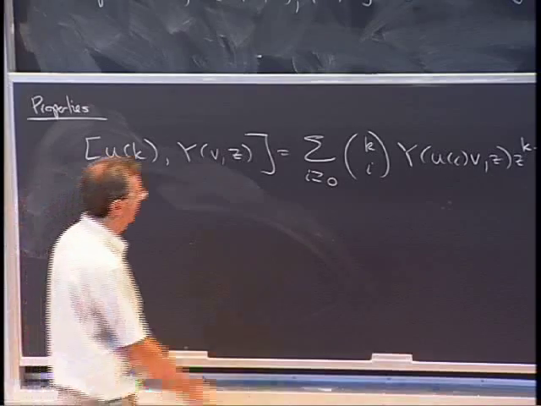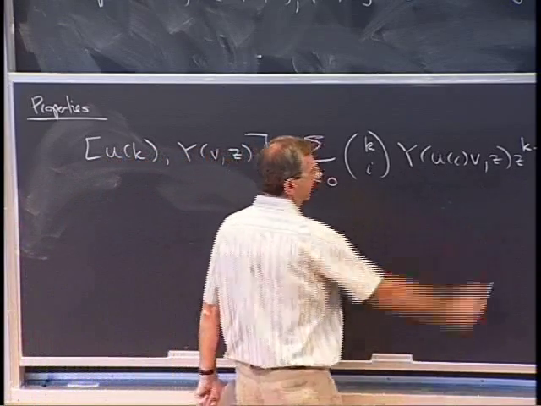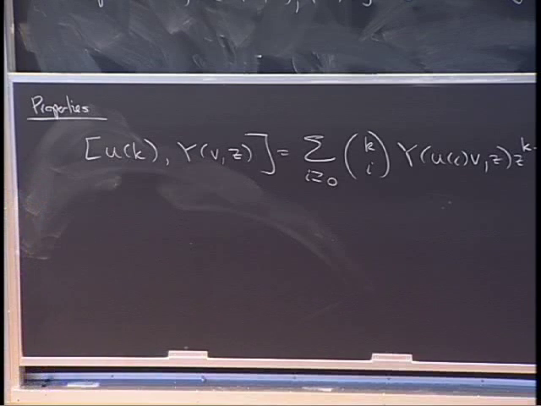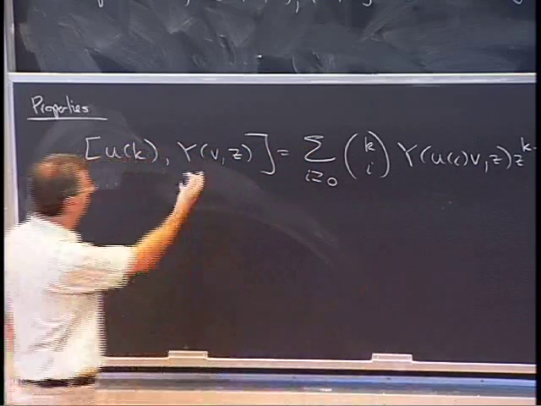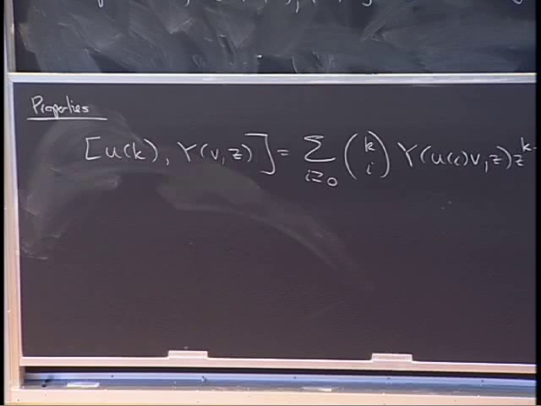As Jeff was saying yesterday, this eventually terminates because u_i vanishes for large i. So it's actually a finite sum. For any pair u and v, this is a finite sum on the right-hand side. We call this a commutator formula.